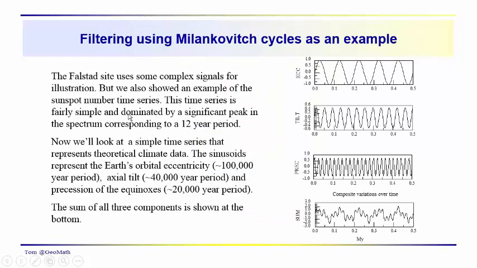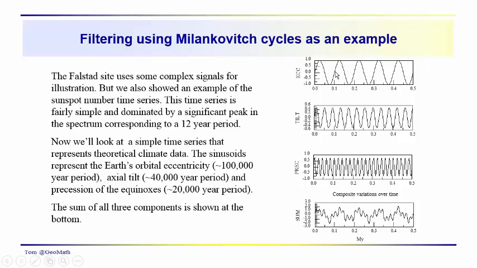So if you recall, if you had a chance to see the previous video, the time series that were being used there were fairly complex. The piano, somebody speaking. Now the Milankovitch time series, we can simulate one. We can make it fairly simple.